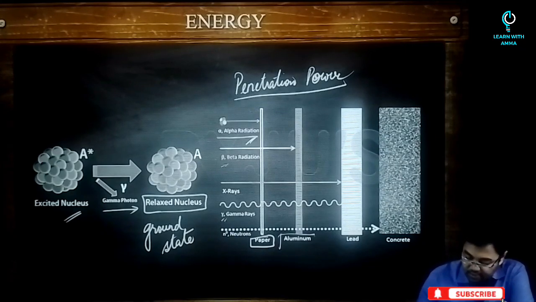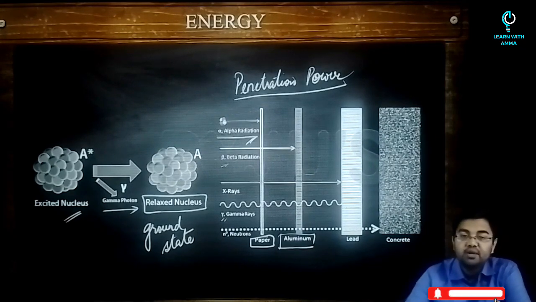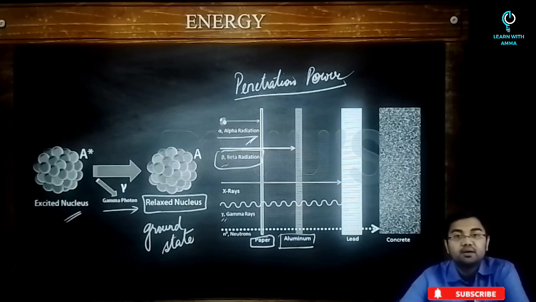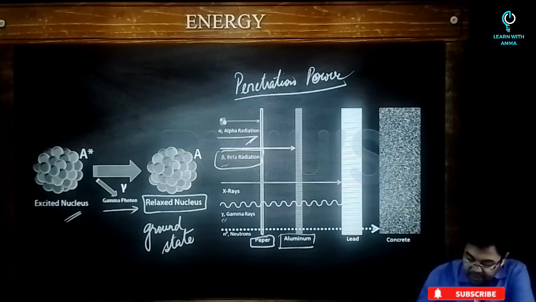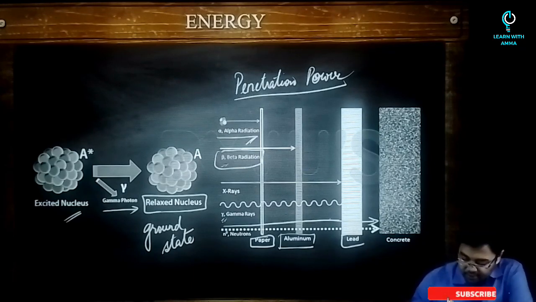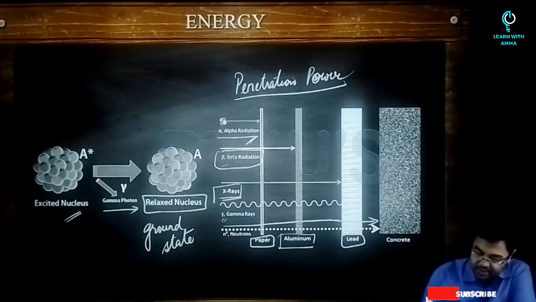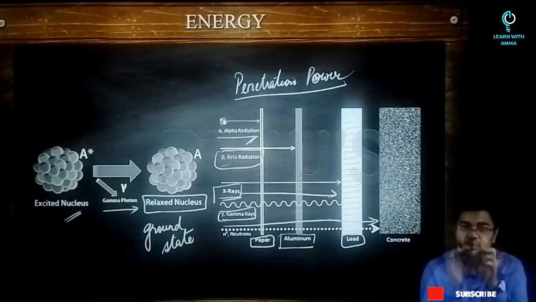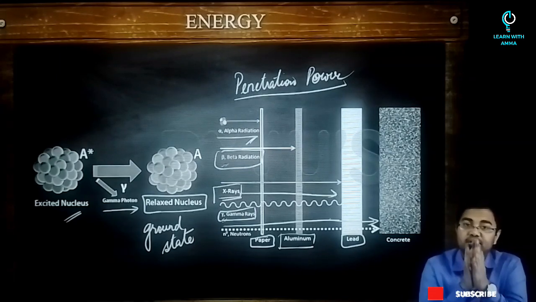You need a thin aluminum foil or metal to stop beta radiation. But gamma radiation would even cross through that, and it would have a tendency to cross through even lead. For example, X-rays would be stopped by lead, but if we are talking about gamma rays, you definitely need a concrete structure.